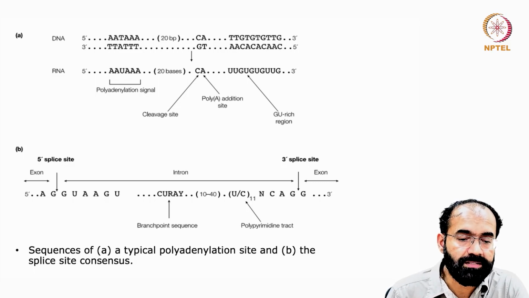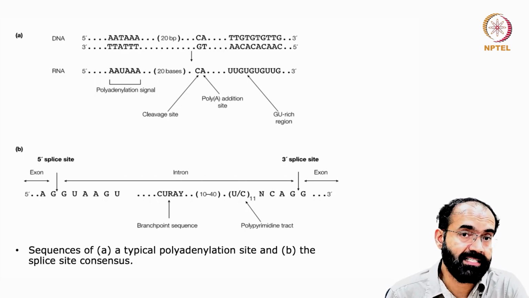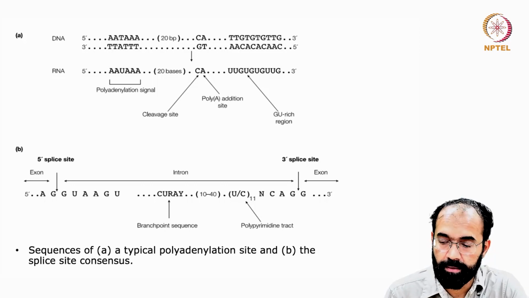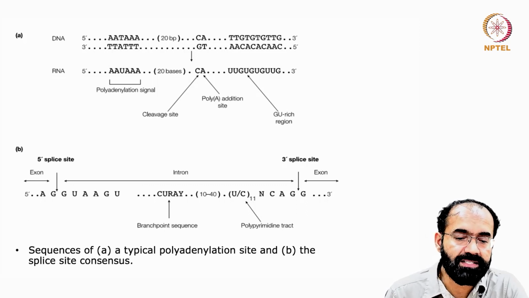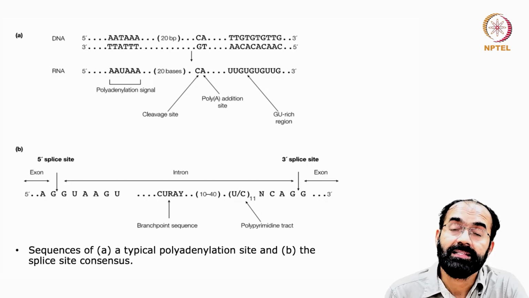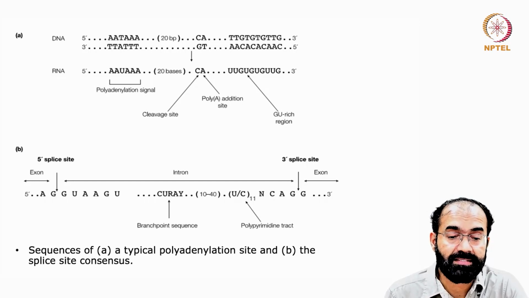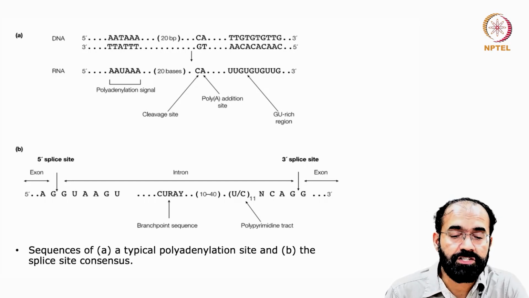Of this sequence, what is important to understand is the polyadenylation signal. We are talking about the extreme end of a transcription unit, and AAUAAA is the polyadenylation signal, and you have any random 20 bases. This random 20 bases is followed by a CA sequence, that is the cleavage site where the nuclease is acting, and much downstream you have a GU-rich region.